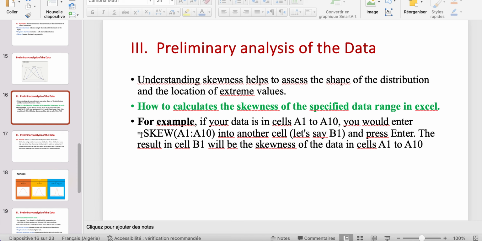You just type equal SKEW and you select all the values of the data set, then you press OK. Then the skewness value will appear in another cell.